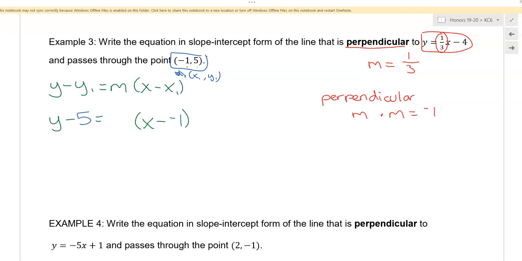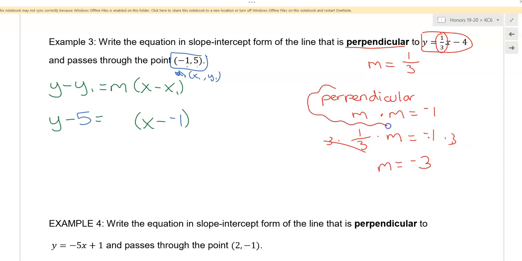So I'm going to do 1/3 times what I want my new slope to be, should be negative 1. Multiply both sides by 3. I'm left with 1m, or just m, and negative 1 times 3 is negative 3.